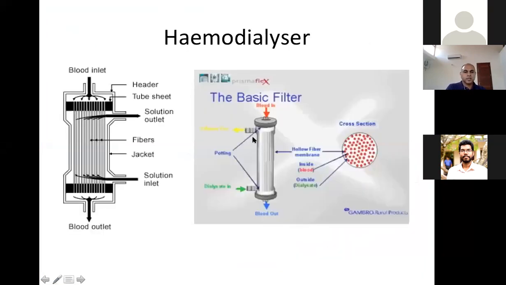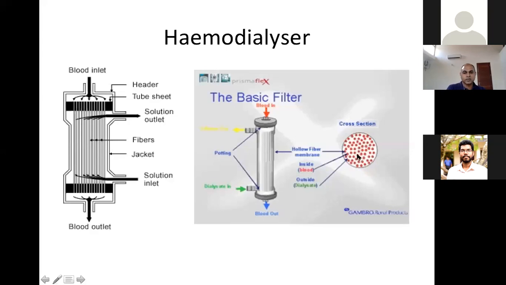This is the basic structure of a filter. The blood goes from top to bottom, whereas the dialysis solution goes from bottom to top. So there's a counter current mechanism operating in a dialyzer, and if you take a cross section, you can see these tiny tubes within the dialyzer.